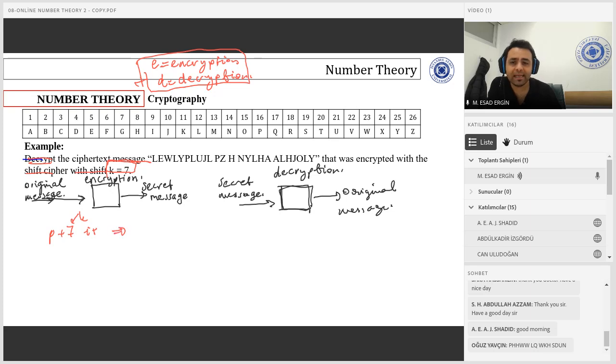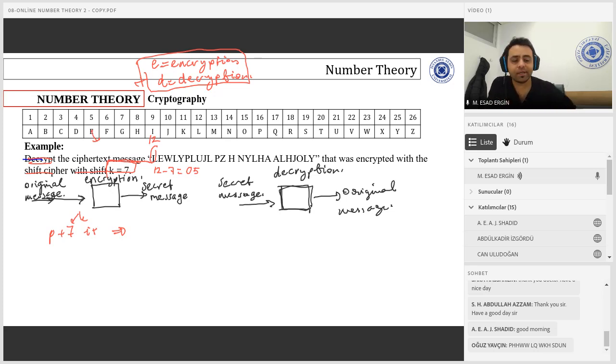For example, what is L? It is 12. So we are going to make it 12 minus 7, which will be 5, and which is E. Okay, we are going to use that one. Or what is K?